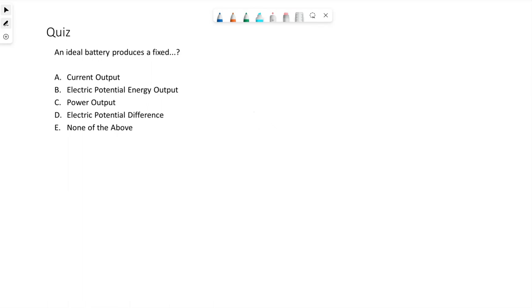Here's the next question. What do you think the answer is? So the correct answer is D. An ideal battery produces a fixed or constant electric potential difference.